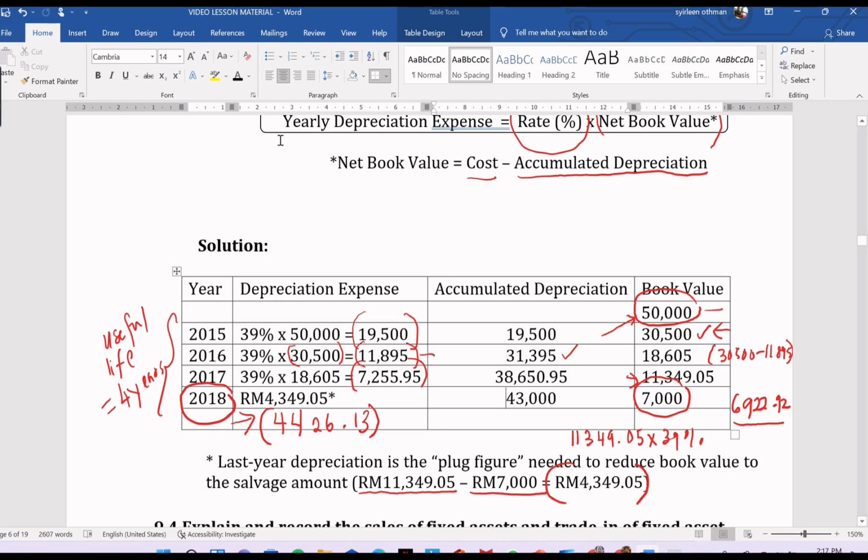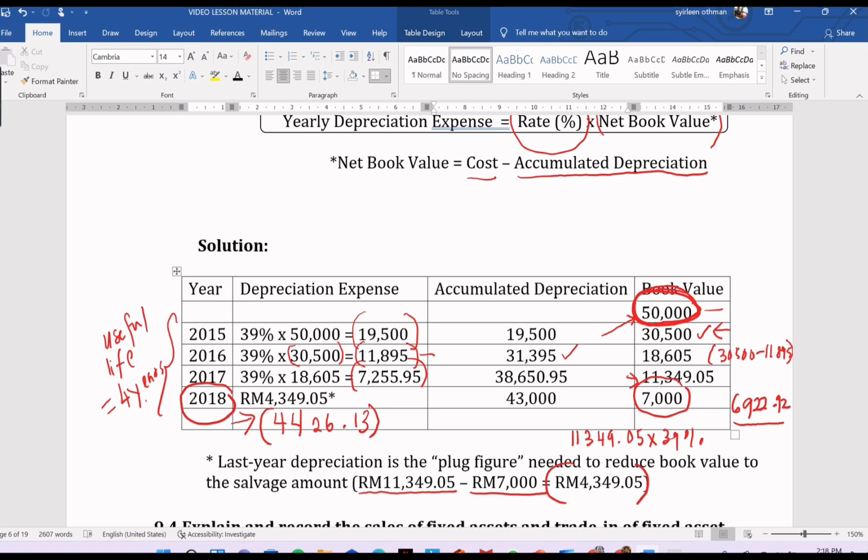Okay, so that is how you calculate the depreciation expense using reducing balance. Okay, so there are two things that you need to remember. The first thing, you do not deduct the asset cost with the salvage value before you start calculating the depreciation. We only do that using the straight line method. And then let's say you are given certain years of useful life.